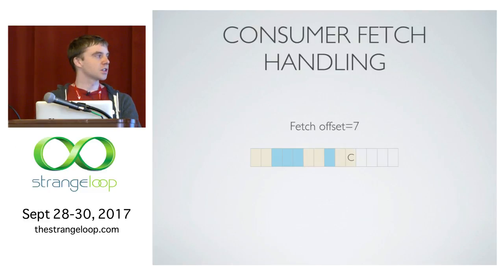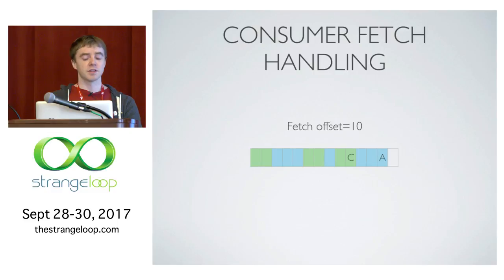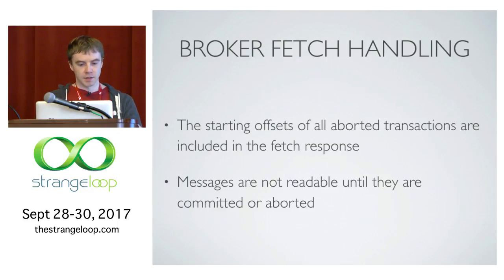So you keep on fetching, and finally maybe you see that one of them is committed, so then you can return that data. And then maybe you find eventually that the other one is returned as well. The issue is that until you see those markers, what are you doing with that data? Because you can't return it to the user until you know it's committed. So do you have to buffer it? Well, that would be less than ideal.